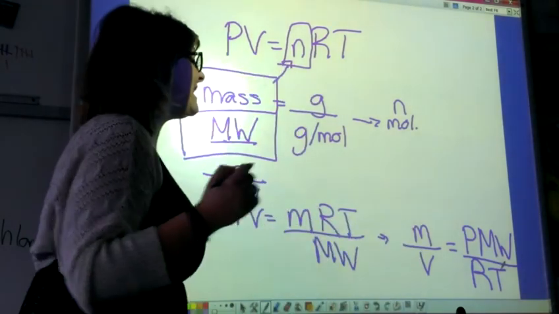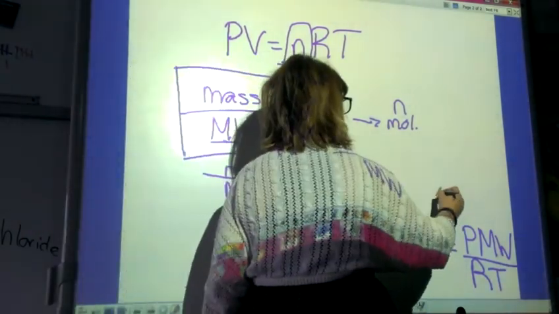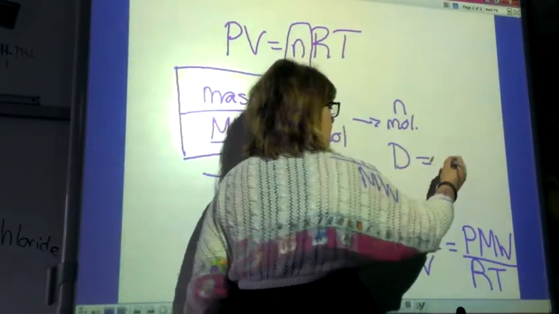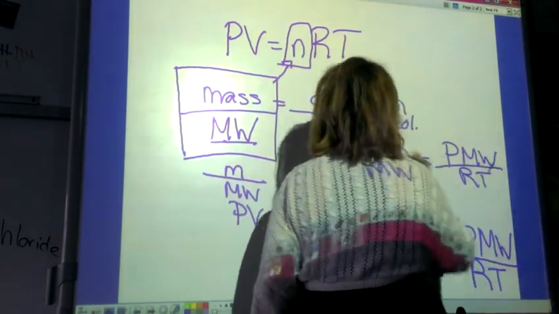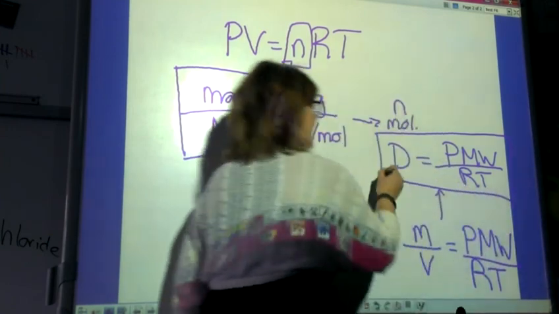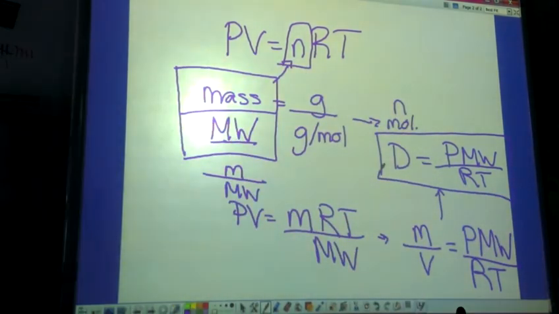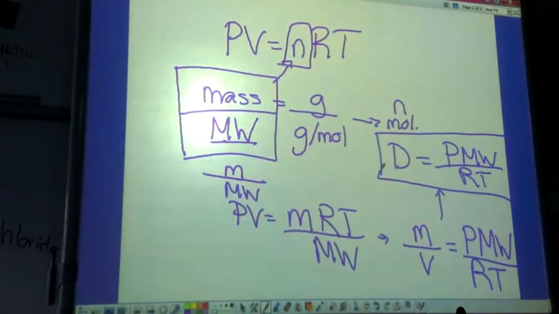Since M over V is density, density equals pressure times the molecular weight over RT. So that's how I can calculate the density of a gas based on the ideal gas law.